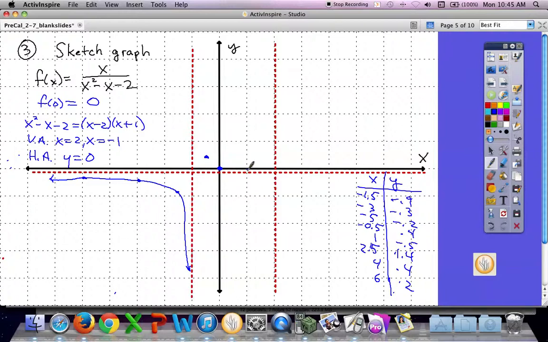Positive 1, negative 0.5. So we can see this piece probably looks something like this. And then the last one, 1.4 is here. 4 is 0.4. 6 is 0.2. So there, that fleshes out the last piece.